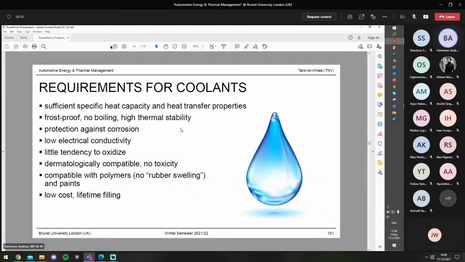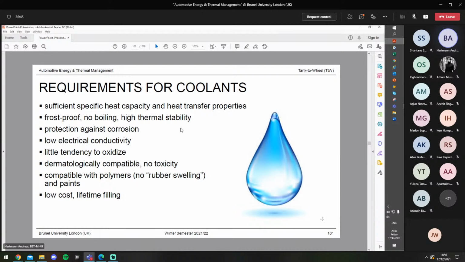Yeah, which requirements are important for coolants? This one can be seen on slide 101. For sure, the coolant itself must have a sufficient specific heat capacity as well as heat transfer properties. For sure, it must be frost-proof, no boiling, high thermal stability, protection against corrosion, very important for the engine, low electrical conductivity, little tendency to oxidize.